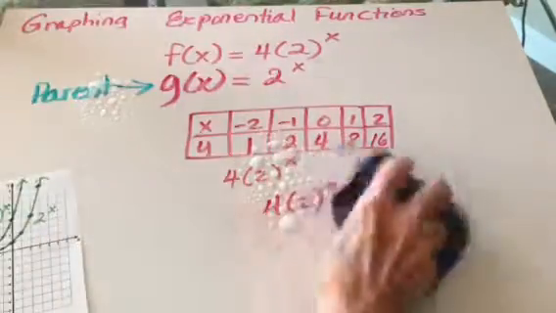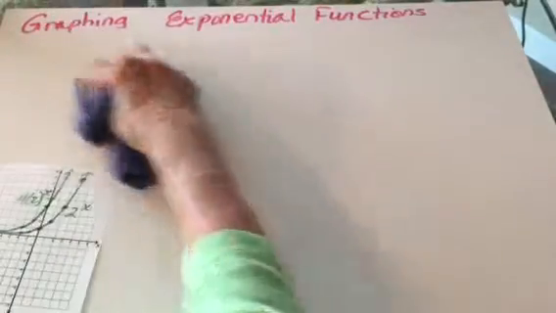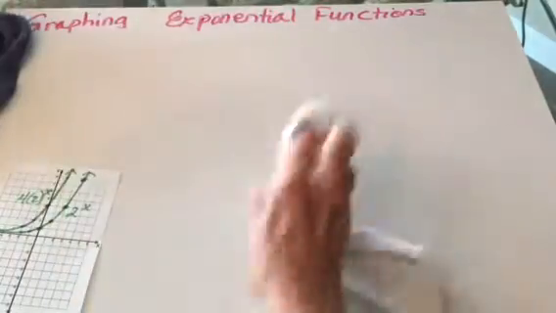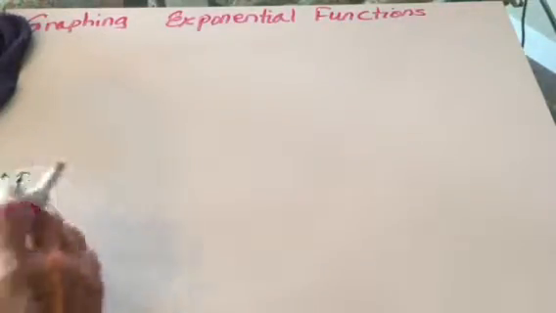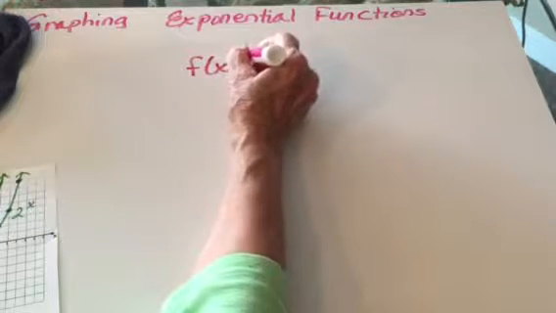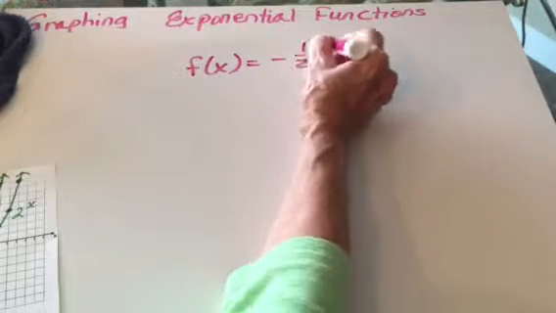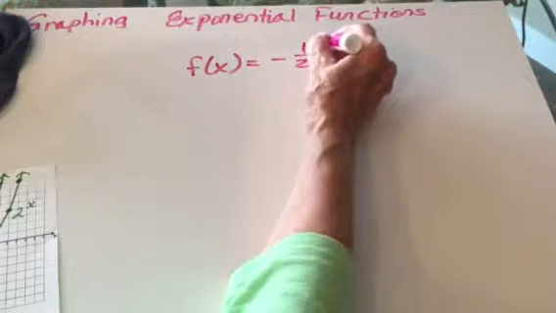All right, what if I have, I'm going to erase this a little bit so that you can see what I'm doing here. What if I say f of x equals -1/2 to the x power?